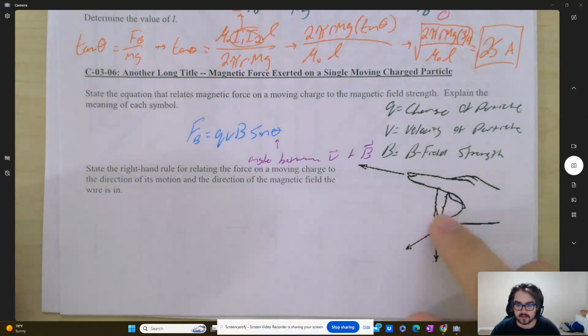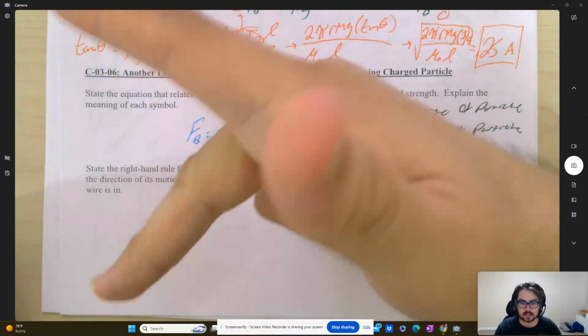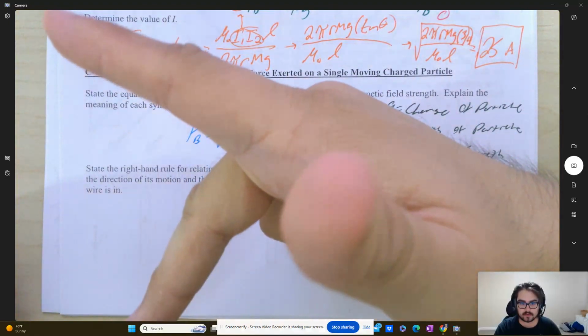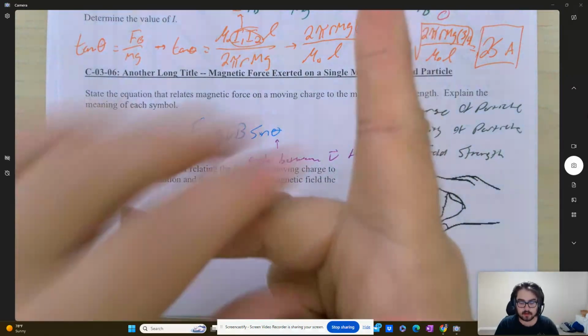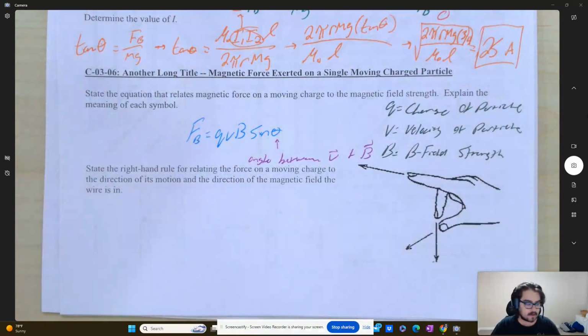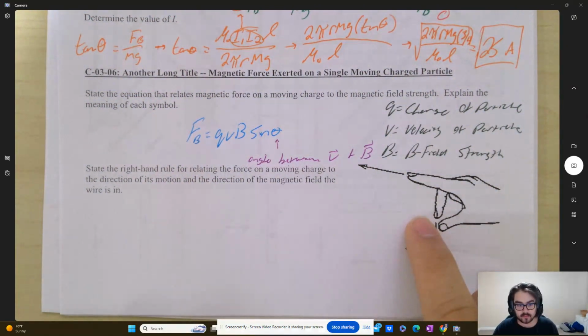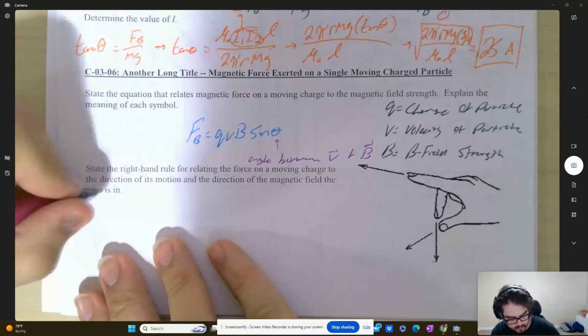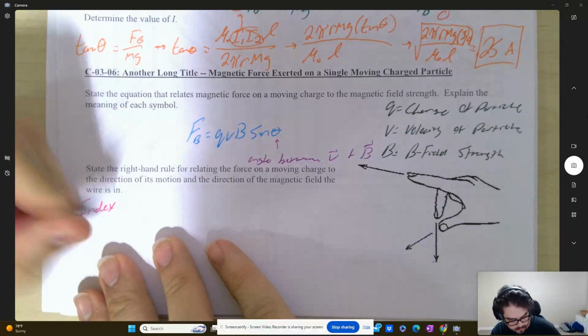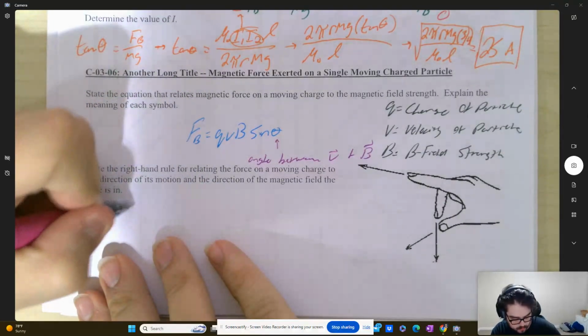You do have another right hand rule here. This is again one of these rules where you're doing your index finger pointing forward, your thumb points up, and then your middle finger points in a perpendicular way to your index. It's very similar to the one for the wire. It's actually almost identical. There is a slight change though. Your index finger goes in the direction of motion.